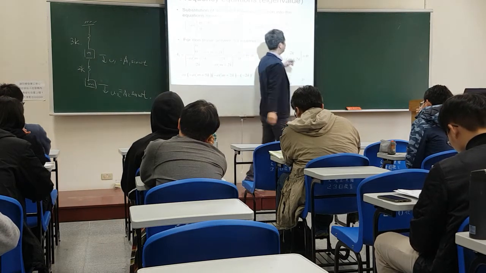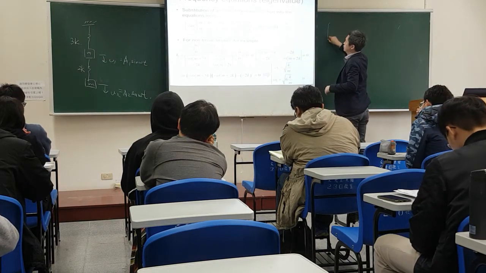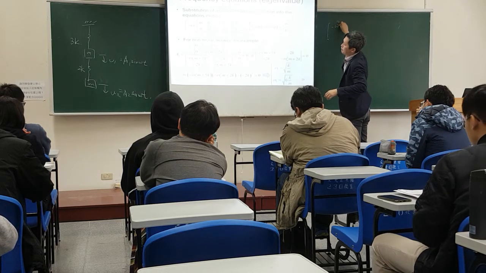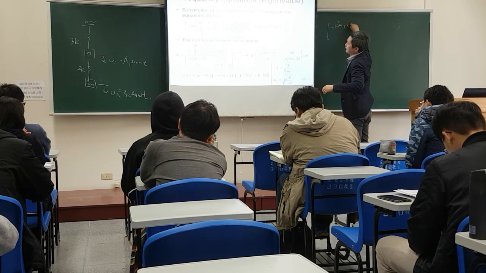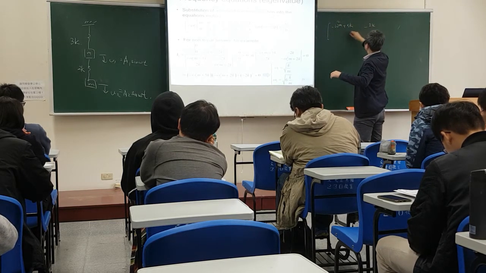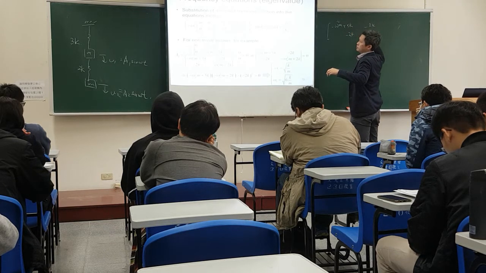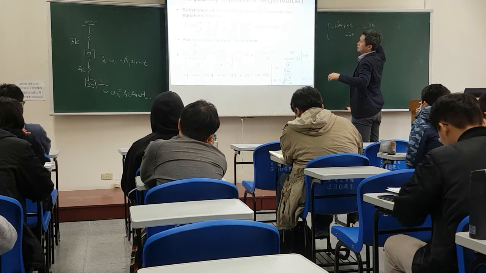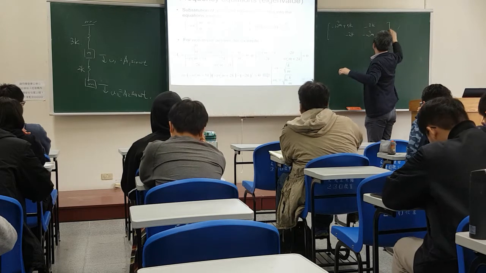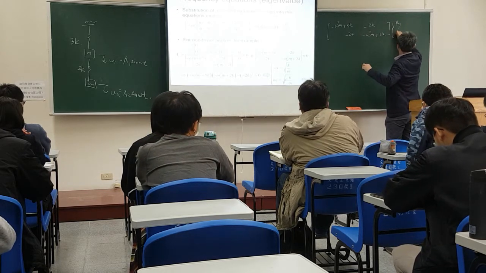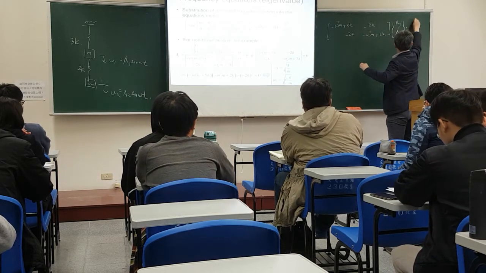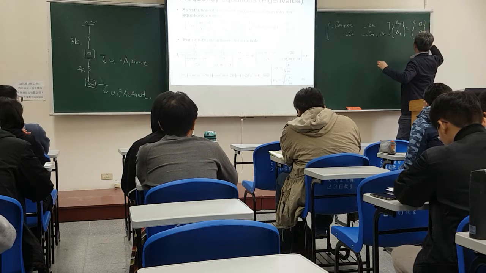Your system equation tells you: minus omega squared m plus 5k, minus 2k, minus 2k, minus omega squared m plus 2k. This is your amplitude 1 and amplitude 2, equal to your zero force vector.